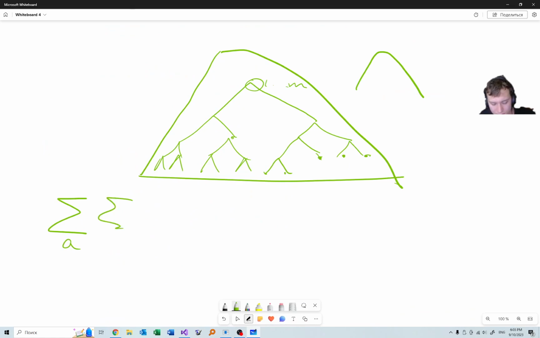Sum over I from 1 to n, sum over J from 1 to n, of the maximum of AK, where K is between I and J, where the segment is the path in the tree.